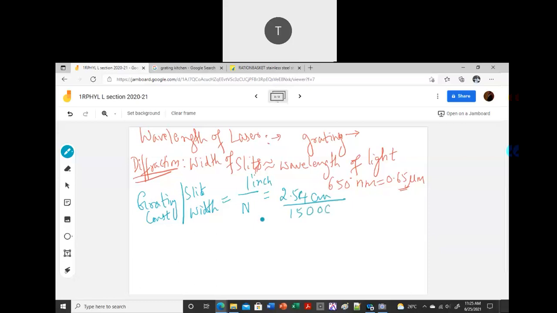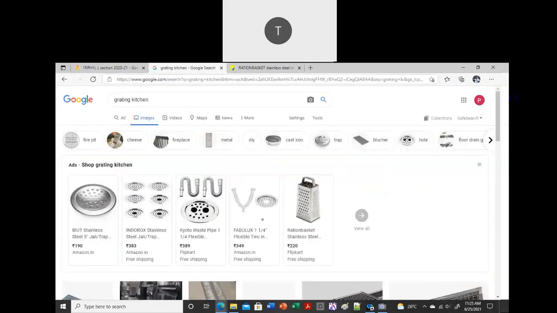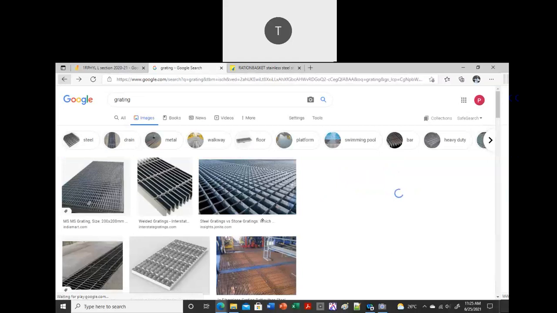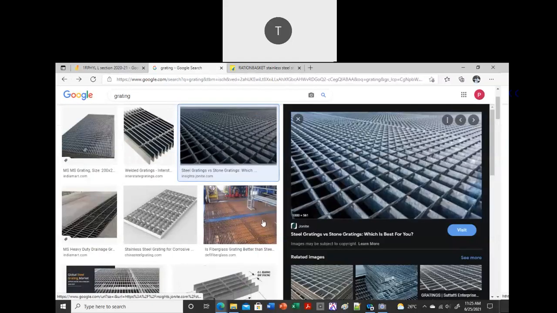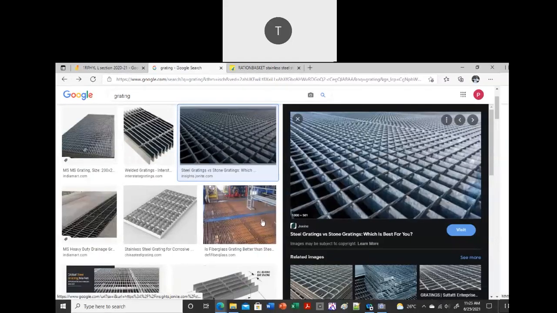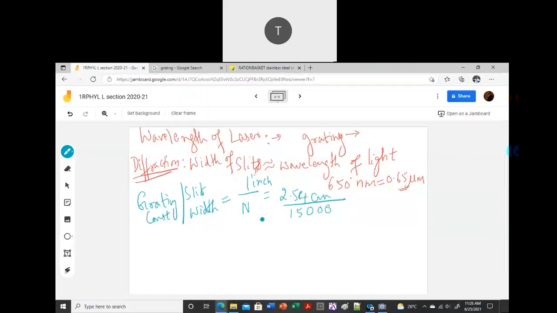So they have 15,000 lines. As you saw here, if I take a 1 inch glass, that will have 15,000 horizontal and 15,000 vertical lines. So that is the meaning of this 15,000. If you simplify this, you will get around 1.69 micrometer. Micro means 10 raised to minus 6 meter.